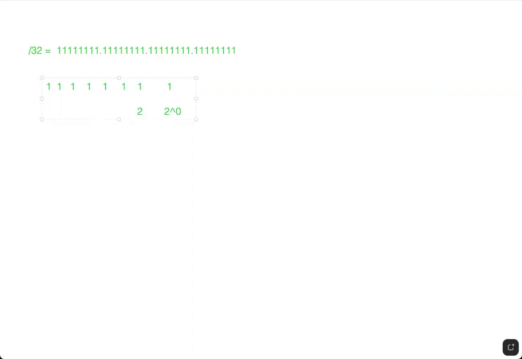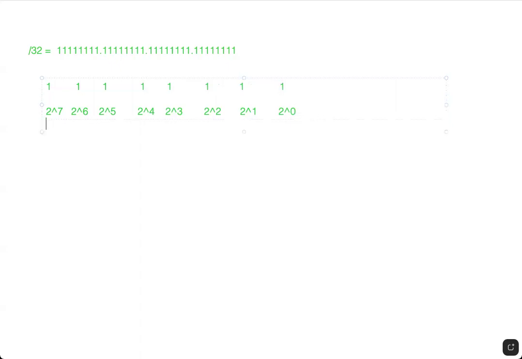The second one represents 2 power 1. The third one represents 2 power 2. The fourth one represents 2 power 3. This one represents 2 power 4, this one 2 power 5, this one 2 power 6, this one 2 power 7. So, from the left, this one is 2 power 7, then 2 power 6, 2 power 5, 2 power 4, 2 power 3, 2 power 2, 2 power 1, and 2 power 0.